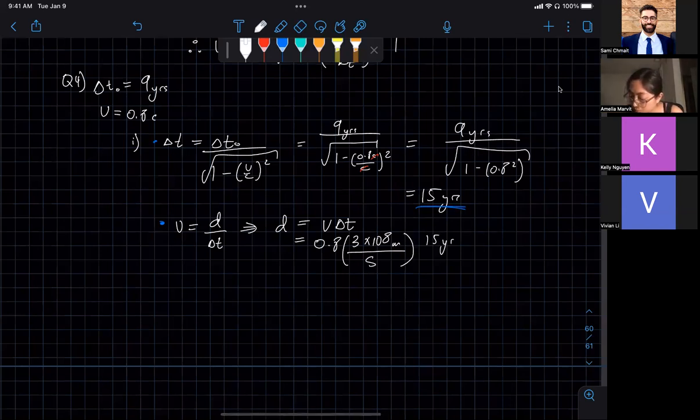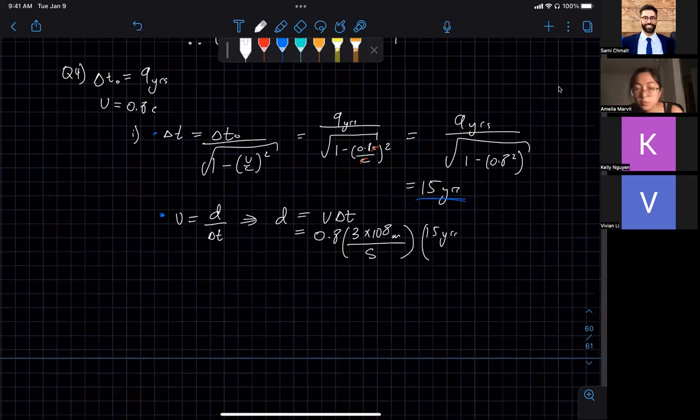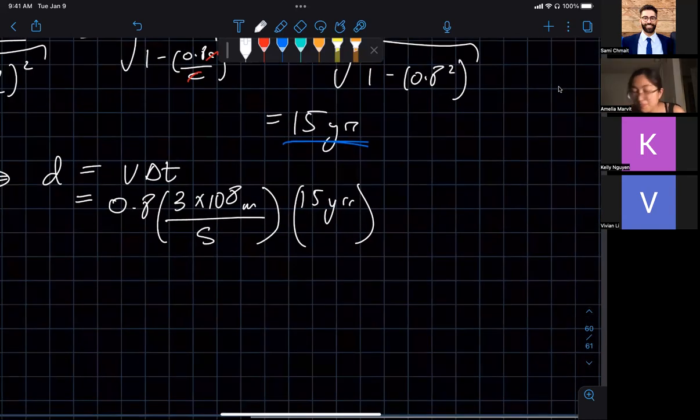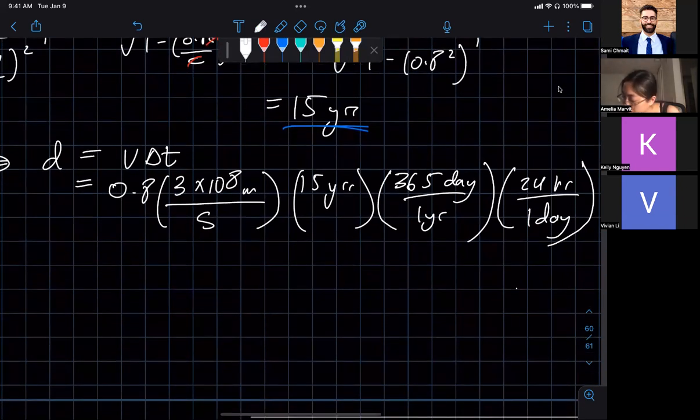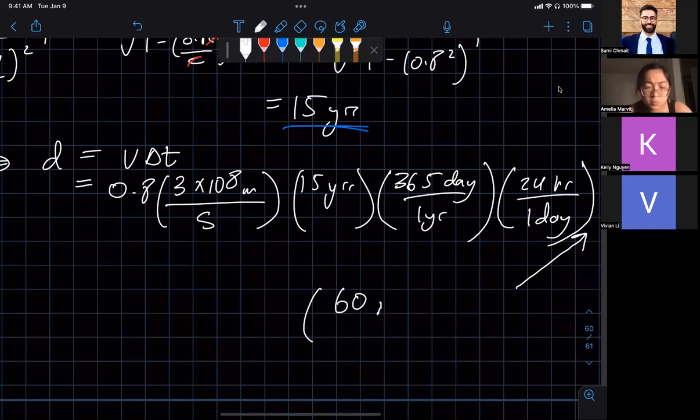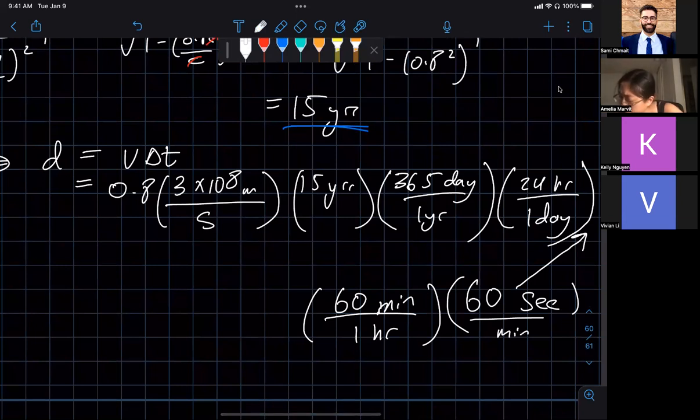If you remember from Gen Chem, we need to convert these years to seconds. So 365 days in 1 year, 24 hours in 1 day, 60 minutes in 1 hour, and 60 seconds in a minute.